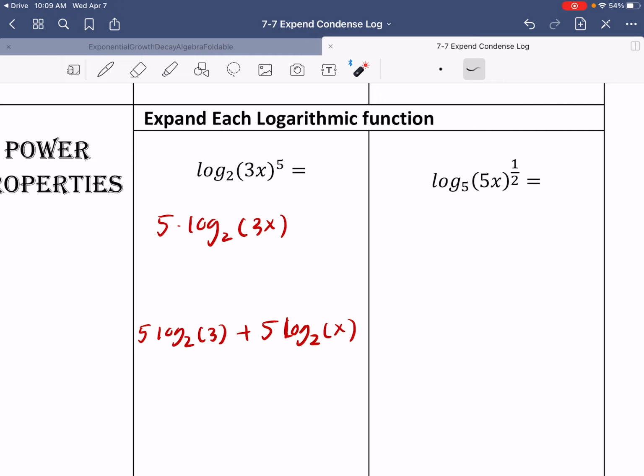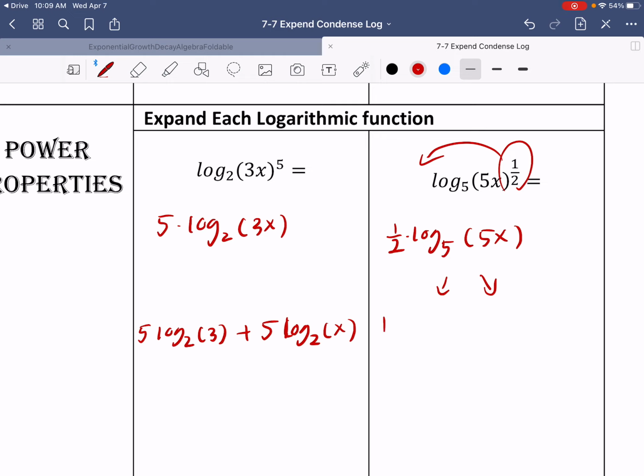This 5 goes here and here when you break it into parts, because of the distributive property. Same thing here, you can put it here like that, 5 and 5x. If you leave it like that, that's fine, but in multiple choice questions you may see this one as well, so you might want to practice. Especially for this one, plus, oh, I forgot 1/2 log base 5 of x.